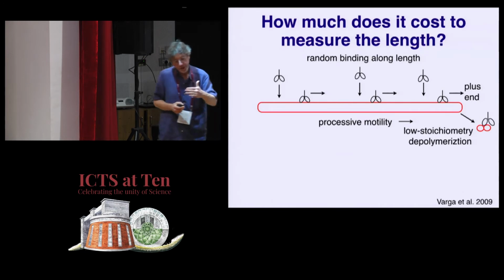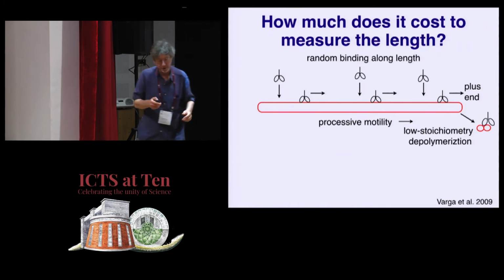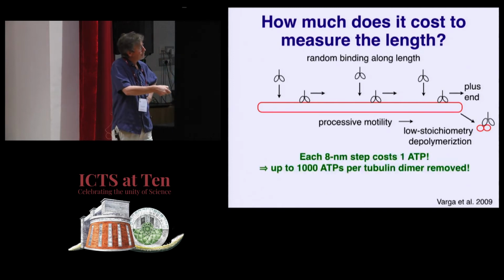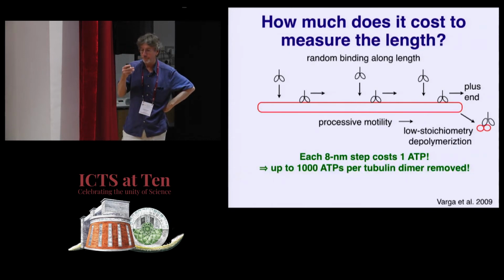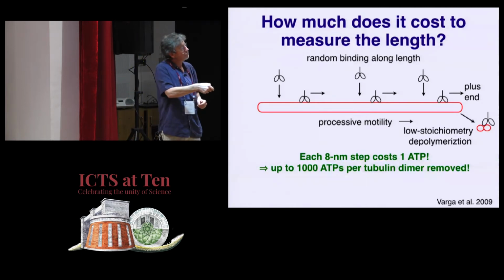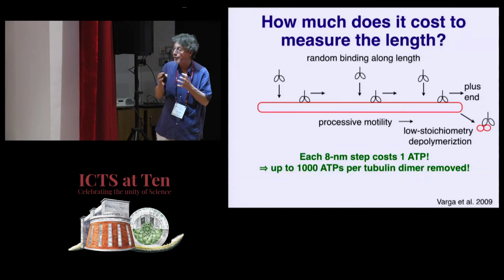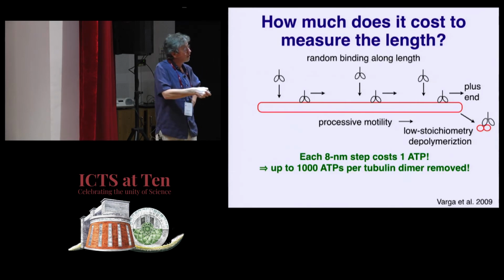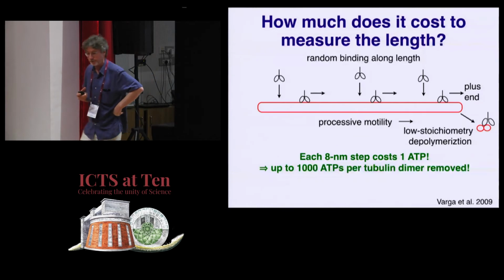But every step that it takes costs a molecule of ATP. So that means there are literally thousands of ATP molecules consumed for every tubulin dimer that's taken off the end of the microtubule. And when you consider that you need a large number of motors in order to precisely regulate the length, this turns out to be a very expensive way of measuring something.